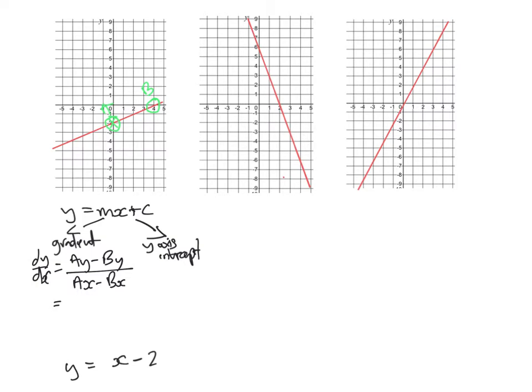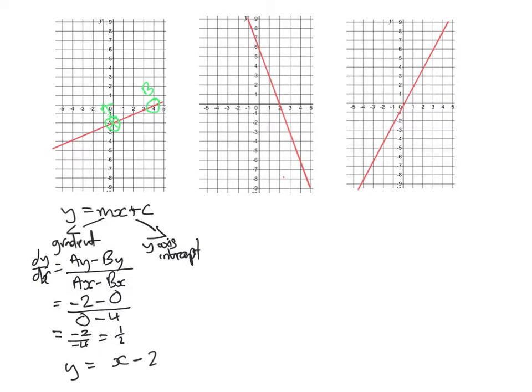We know that is -2. Take away the y value of B, which is 0. All over the x value of A, that's 0, take away the x value of B, which is 4. That gives us -2 over -4, which is a half. So the gradient is a half.